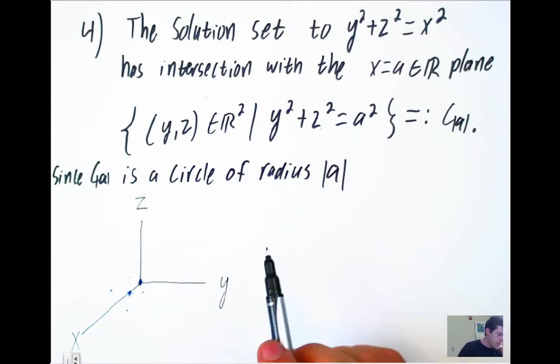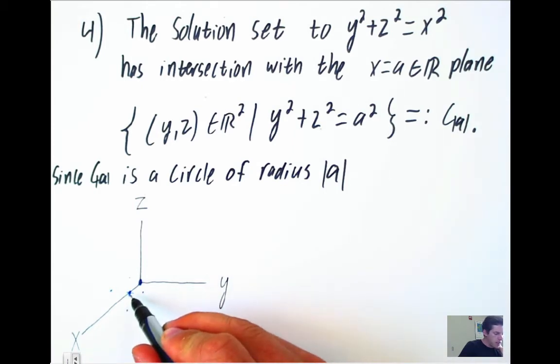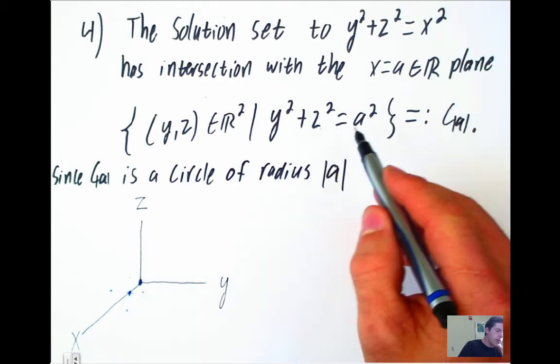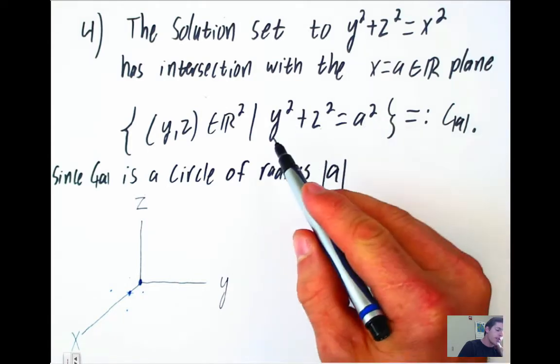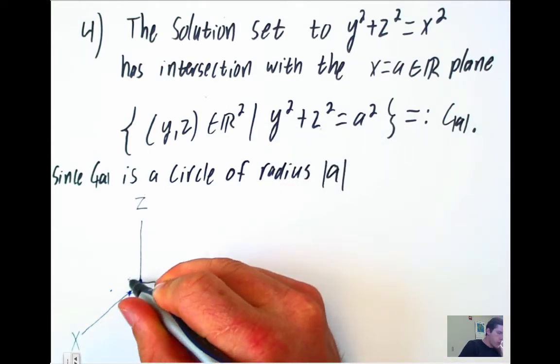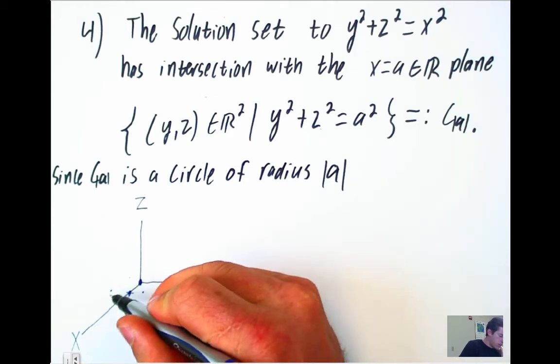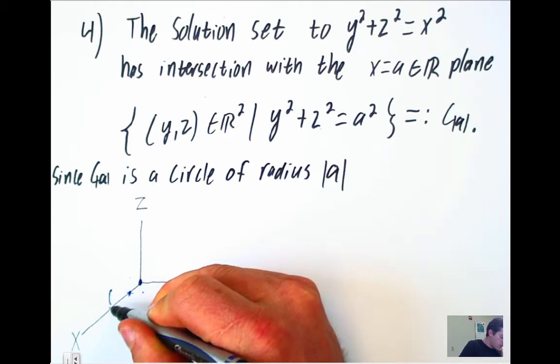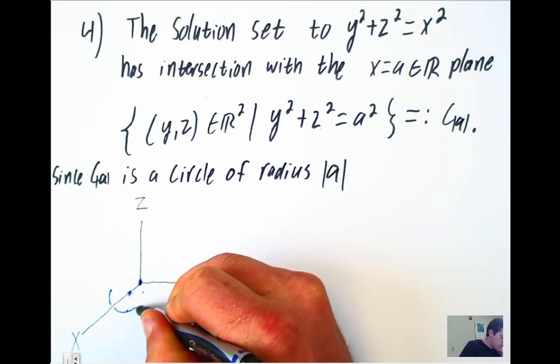Then I was looking at the x is equal to 1 plane, so y squared plus z squared is equal to 1 squared. That's the unit circle. So I started drawing a few points that are going to go on my unit circle. Let me round that off. That'll go around the back, so I'll make that broken.